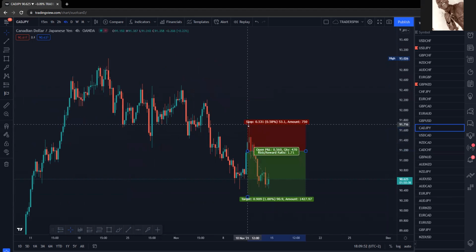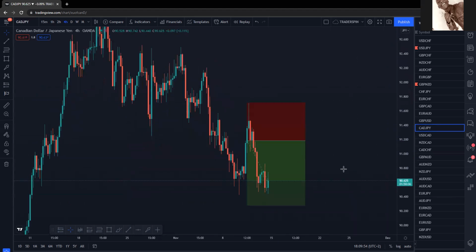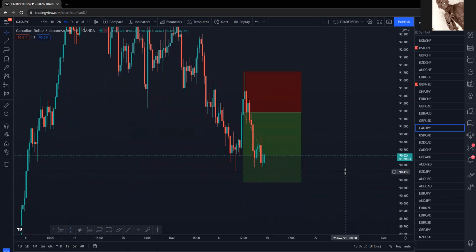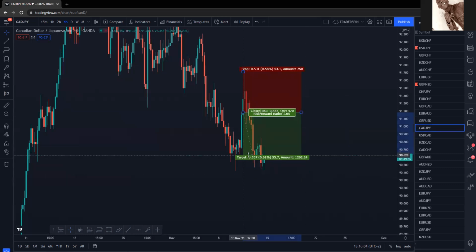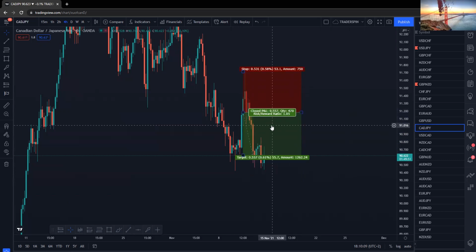So I'm asking, once price makes 1:1, you put your stop loss at break even and close partials, and I was targeting 1:2. Yeah, 1:1 is there before even that low. It's up to you, bro.